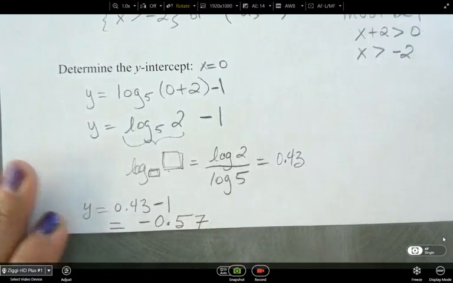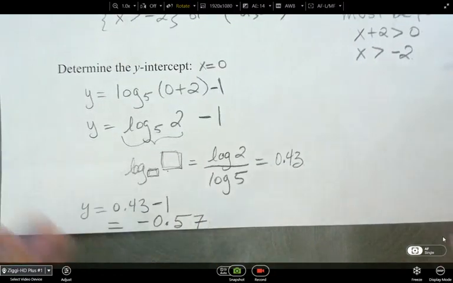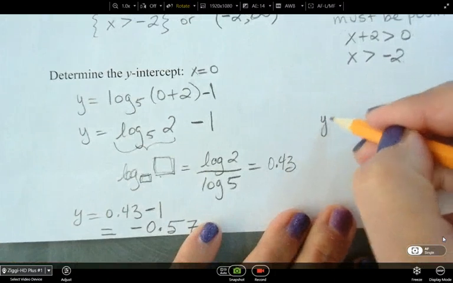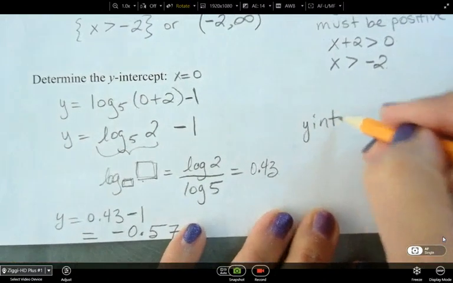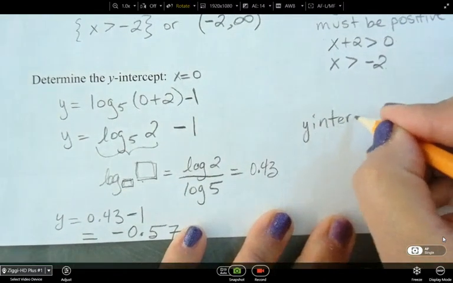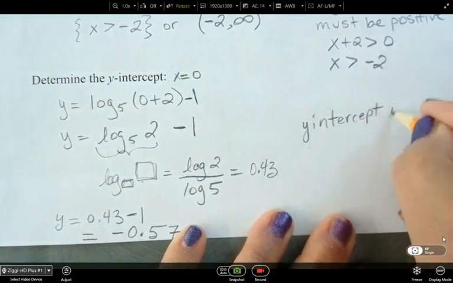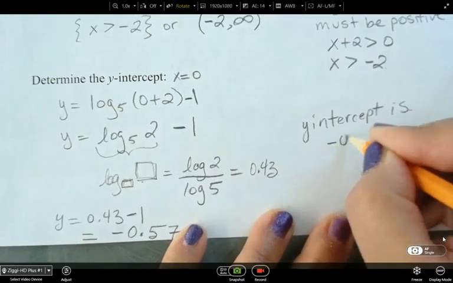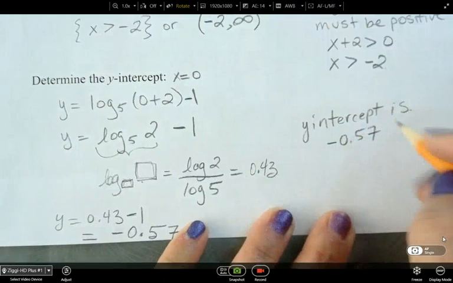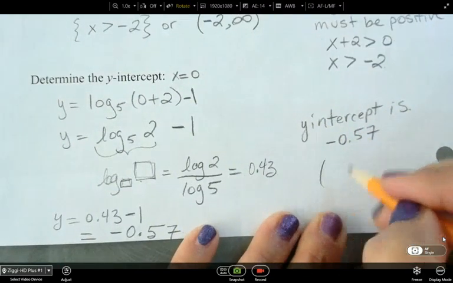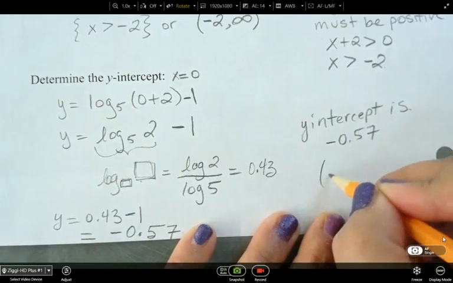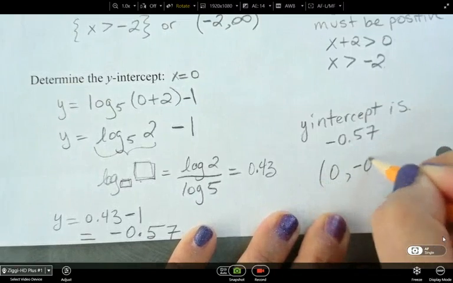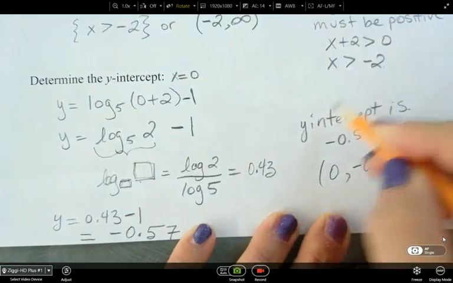I'm just going to round it to 0.57. I'm going to write over here on the side so it looks cleaner. The y-intercept is negative 0.57. Or you could write it as a point, which is x equals 0 and y equals negative 0.57.